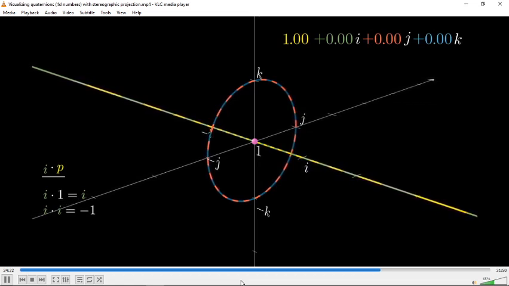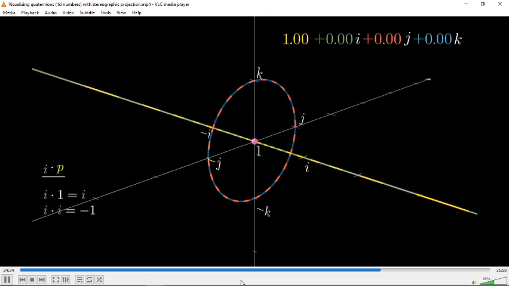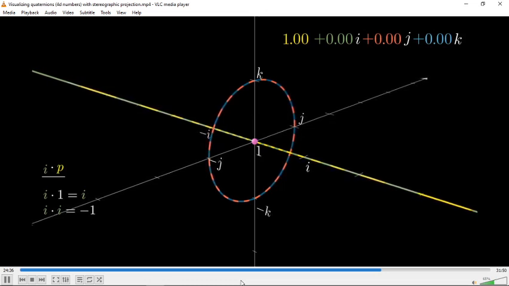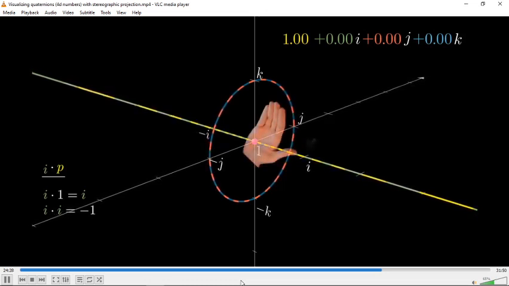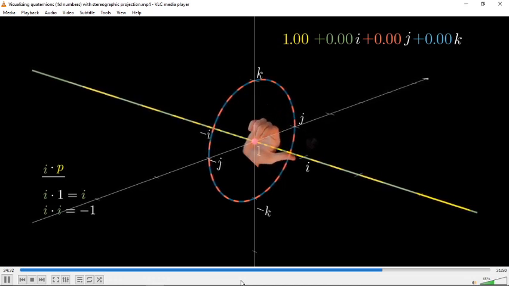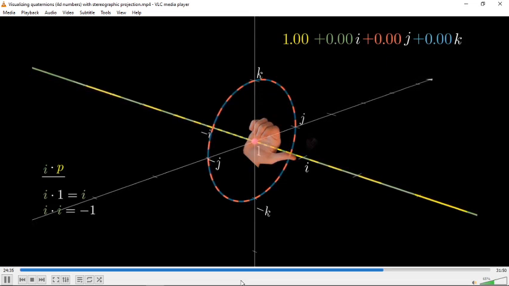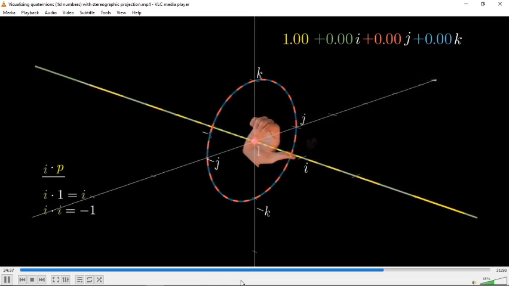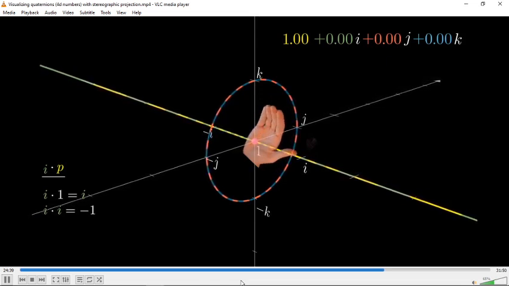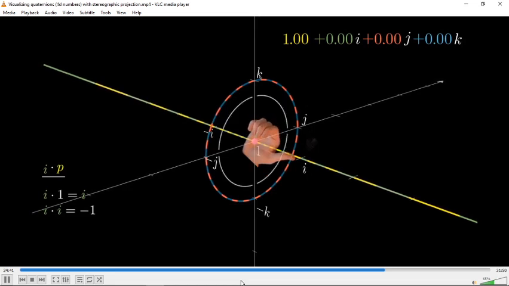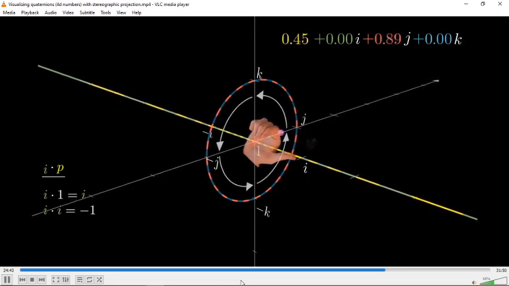You can think of the action of I on this perpendicular circle as obeying a certain right-hand rule. If you'll excuse the intrusion of my ghostly green screen hand into our otherwise pristine Platonic mathematical stage, you let that thumb of your right hand point from the number 1 to I, and you curl your fingers. The JK circle will rotate in the direction of that curl. How much?